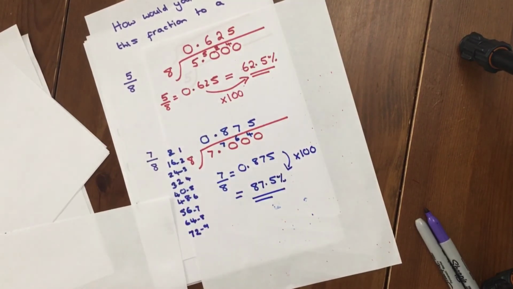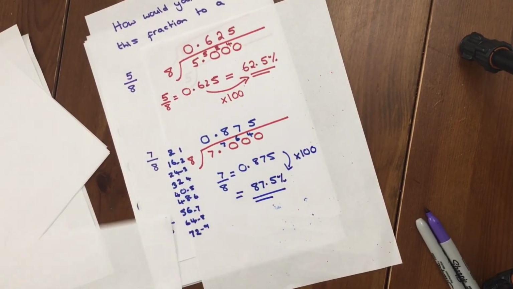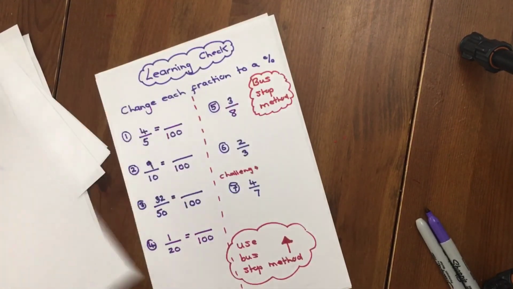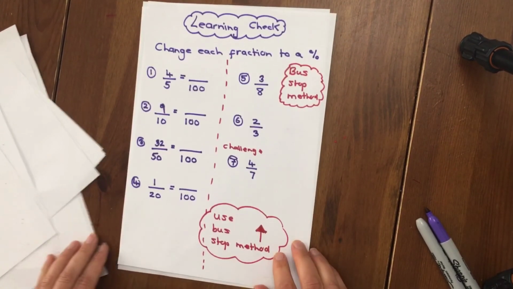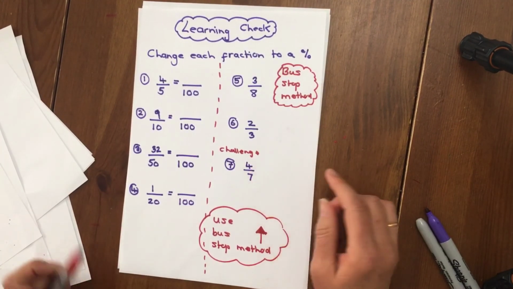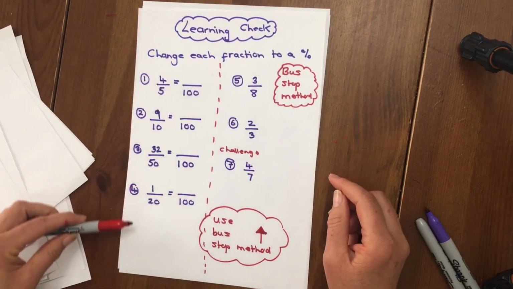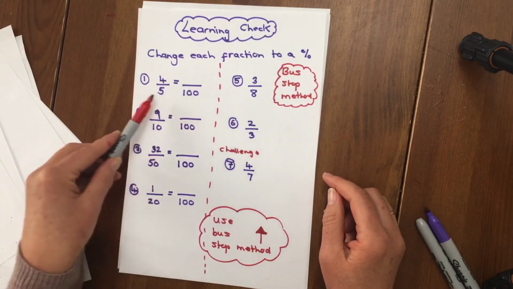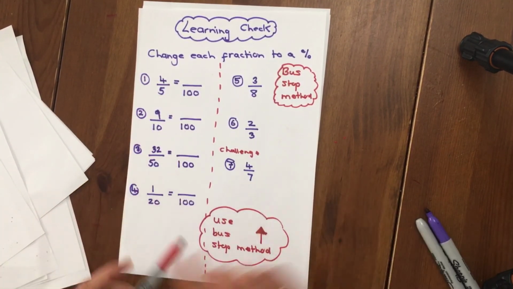Right, so now it's time, guys, for your learning check. There are these 7 questions. The last one is a challenge. These 4 fractions, the denominators will easily go into 100.